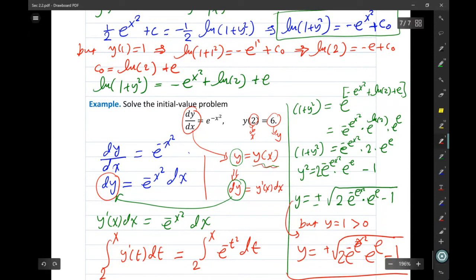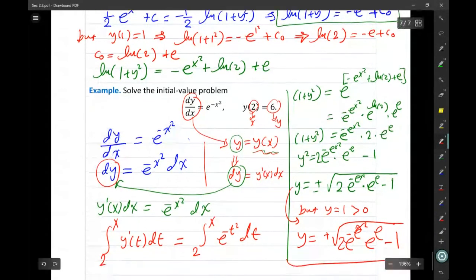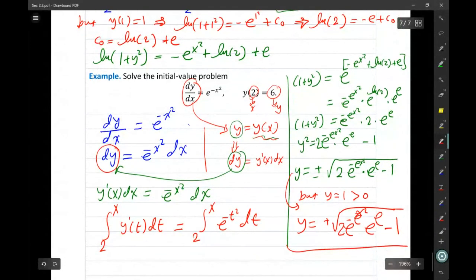Derive y, you get dy. Derive y prime, you get y prime of x dx because it's a function of x. So replace this dy by this value, and what we get here is y prime of x dx is equal to e to the minus x squared dx.